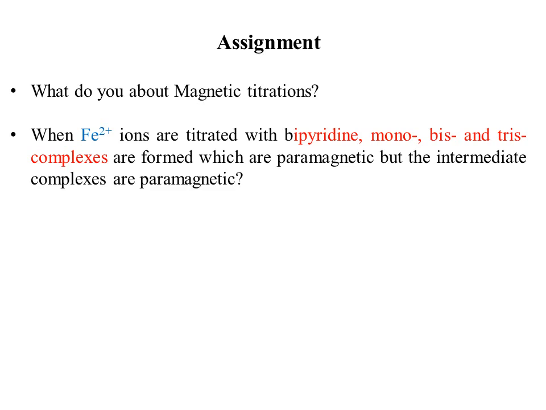In magnetic titration, the sample in the burette or the sample in your conical flask may be paramagnetic in nature, and when you titrate it with some other species, then with the passage of time the species is going to be converted into a diamagnetic one.